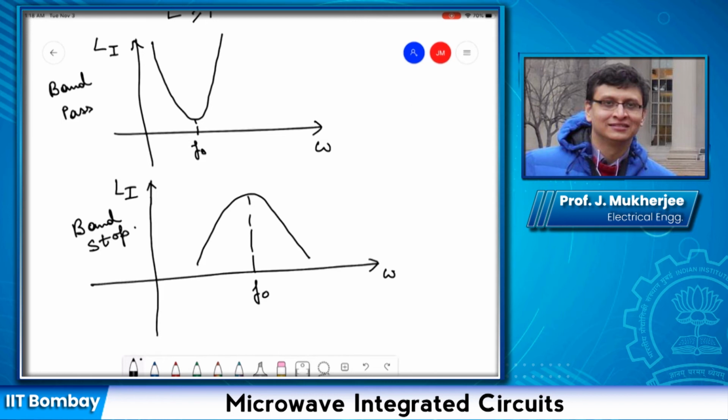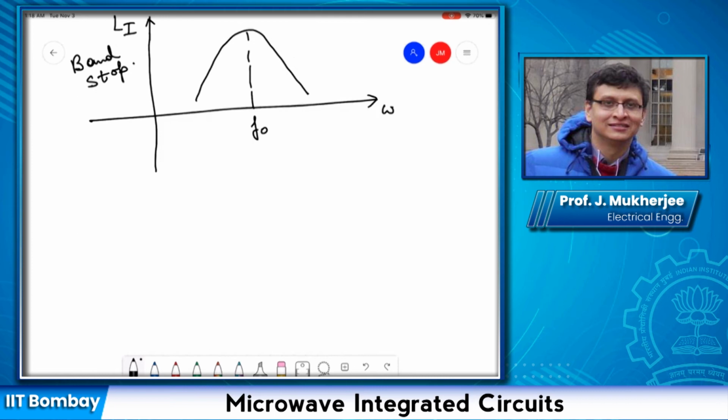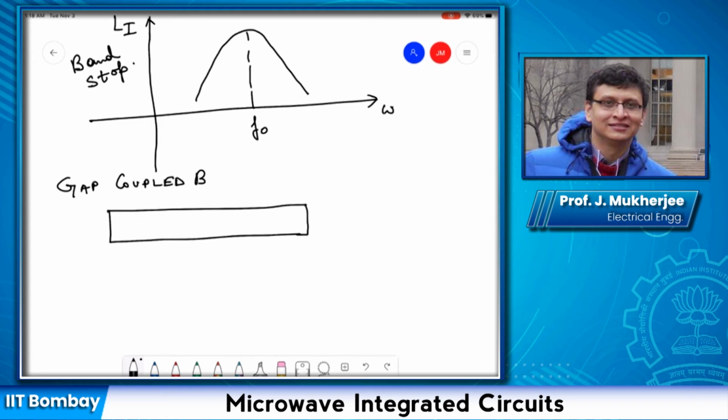We have seen that a gap coupled resonator can provide series resonance. So suppose we have a port 1.